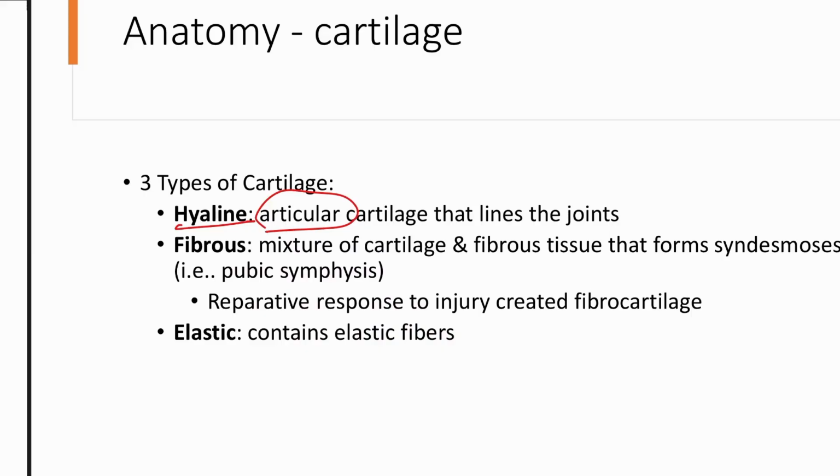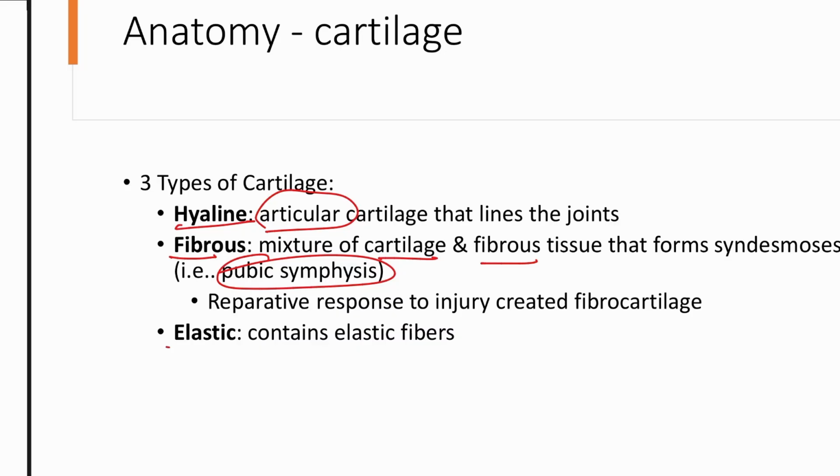When your elbow moves, the articular cartilage is on the end of the bones. It allows very smooth motion with very little friction. We have fibrous cartilage. This is a mixture of cartilage and fibrous tissue, like the pubic symphysis that will become very pliable later on. The reparative response to injury creates fibrocartilage.